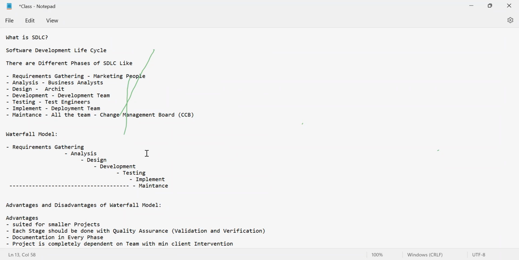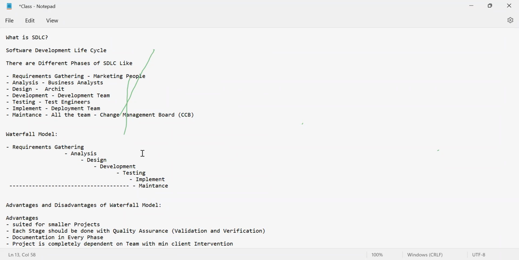The business analyst analyzes these requirements, and post the discussions, architects design the application. Then these design documents are given to the development team, and the development team develops it. After development, the testing team tests it. If everything is fine, the deployment team will push it to production. Once in production, if there are any new enhancements, then all this process will happen again.